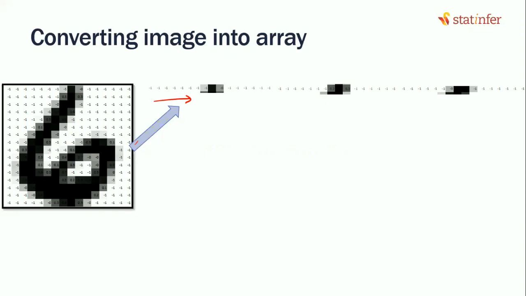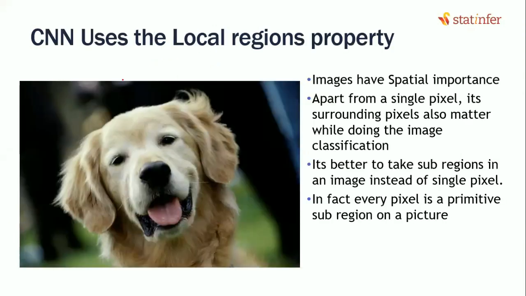How do you think CNN is going to address these two problems? CNN uses the local regions property. What do you mean by that? CNN will take all these subregions. Somehow CNN takes the information from the subregions of the image.